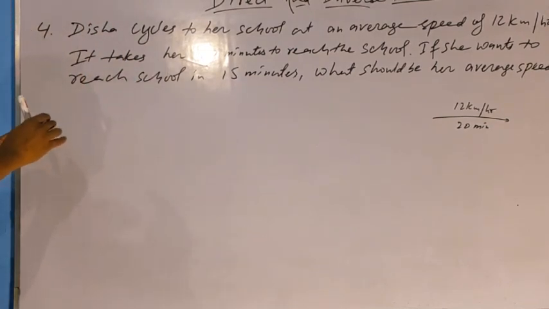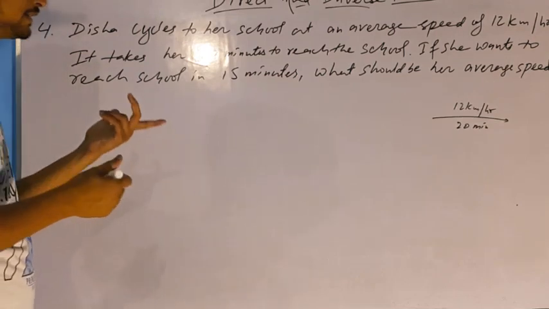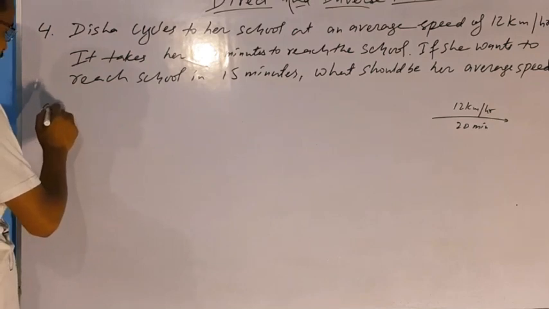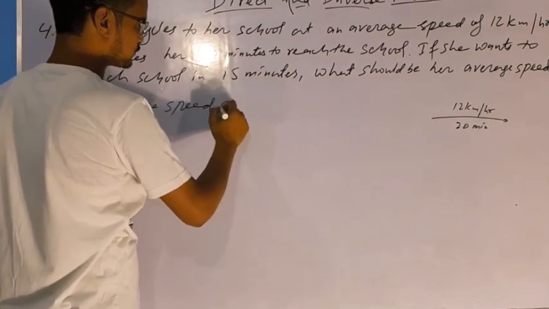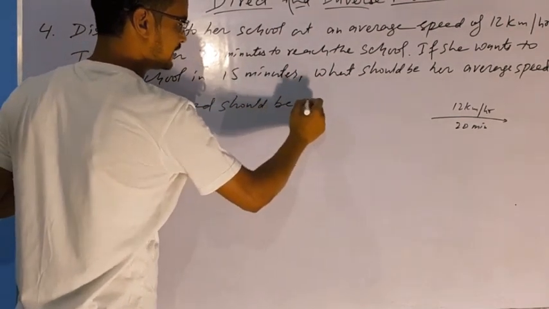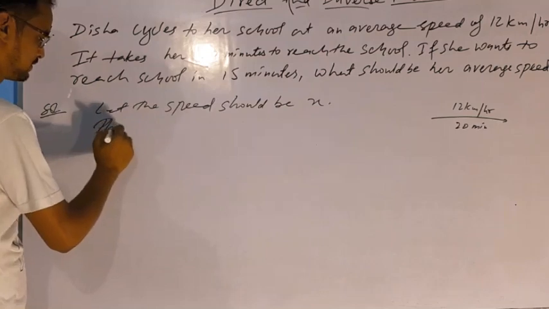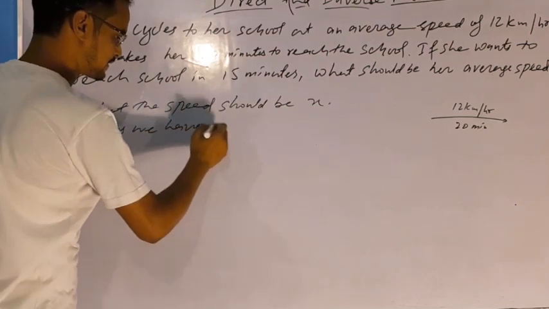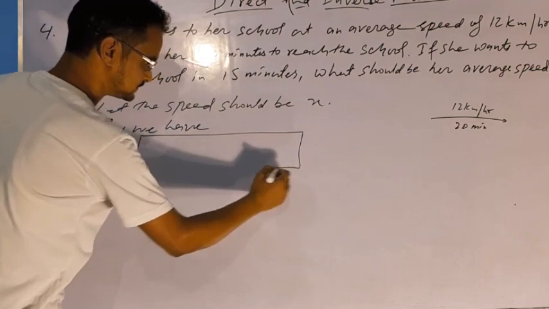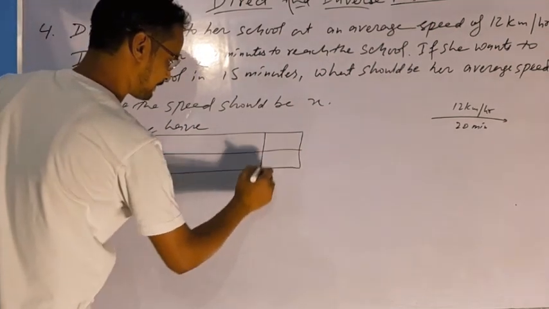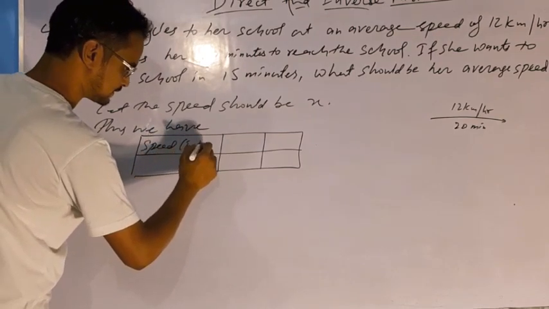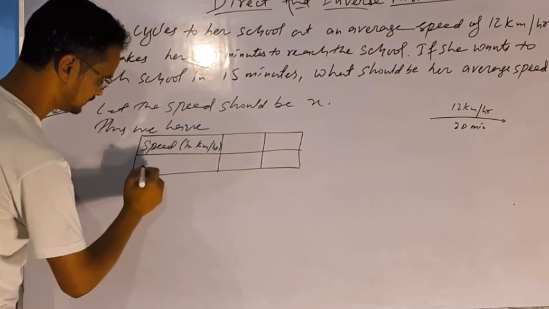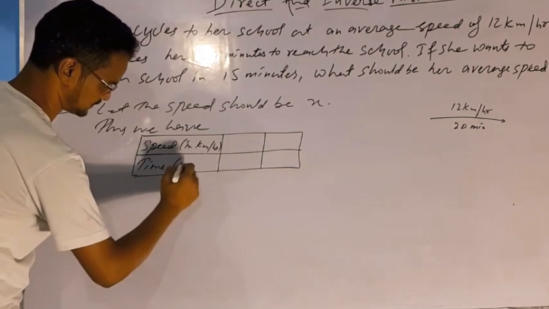वो चाहती है कि वो स्कूल 15 मिनट में पहुंच जाए, तो उसका स्पीड क्या होना चाहिए? उसका स्पीड, let the speed be x. Solution: the speed should be x. Thus we will form a table. Speed in kilometer per hour, and the time is in minutes.